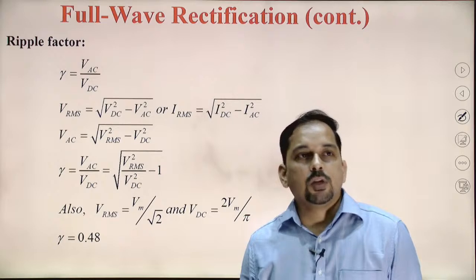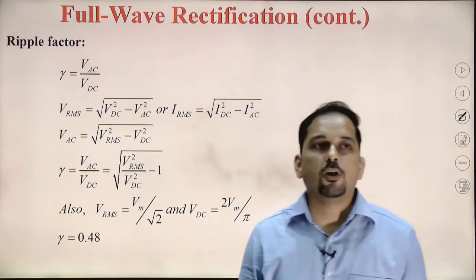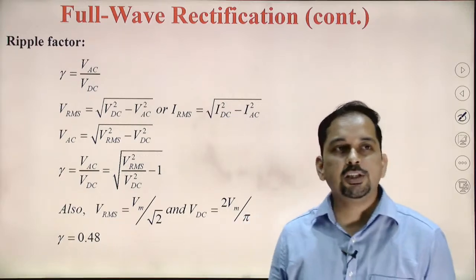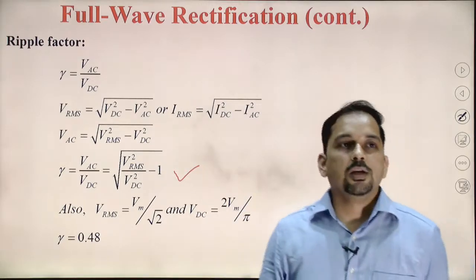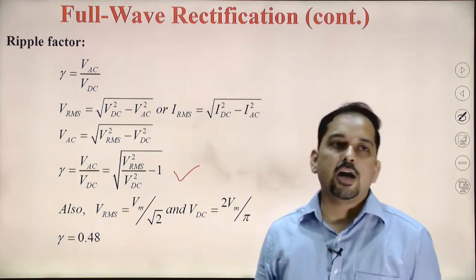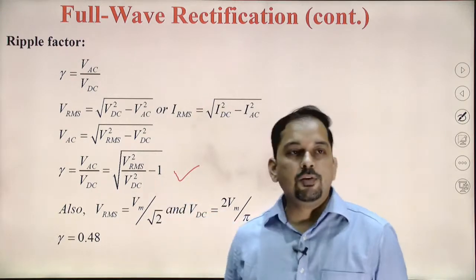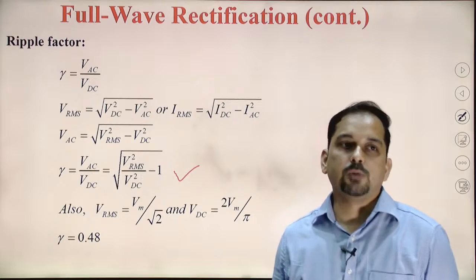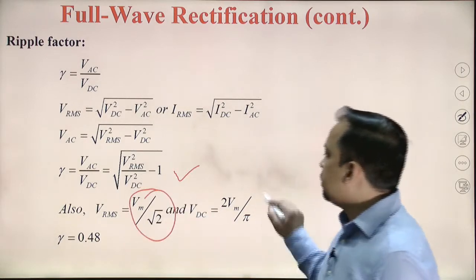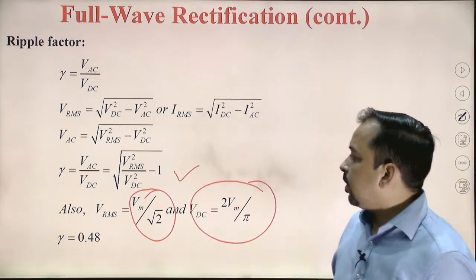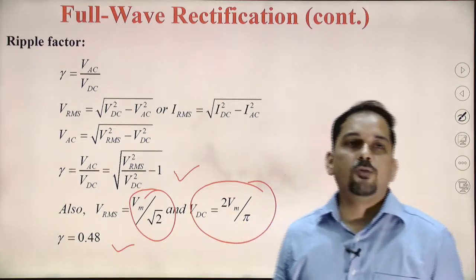Now we have the ripple factor. As we have already calculated, the ripple factor is the ratio of the AC voltage to the DC voltage. We have also derived a small relationship that the ripple factor can be calculated with the help of RMS voltage and DC voltage, which is given as the square root of (Vrms by Vdc) whole squared minus 1. For a full wave rectifier, we just substitute these values and we get a ripple factor of 0.48.